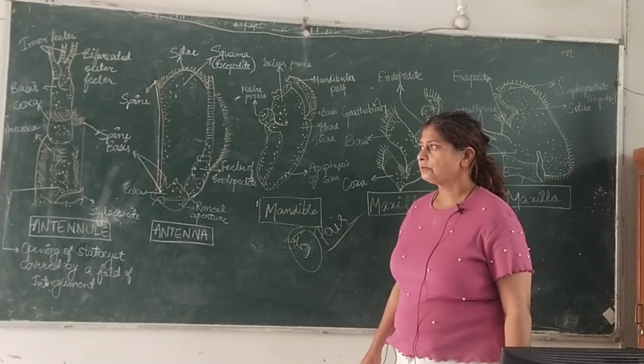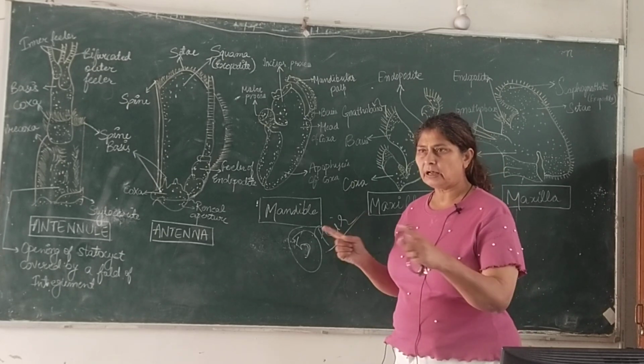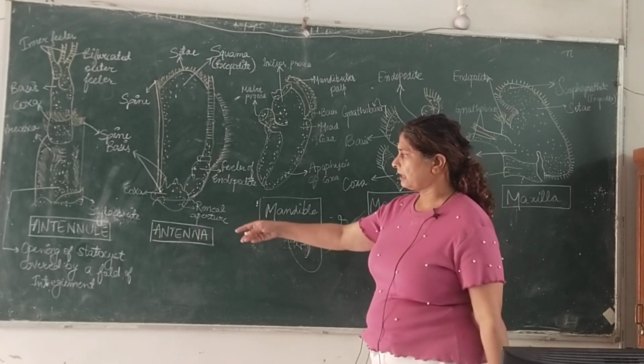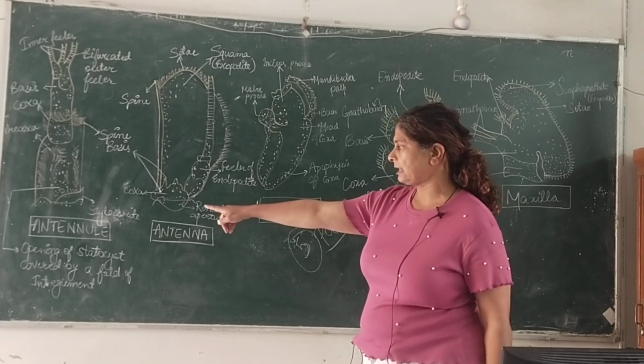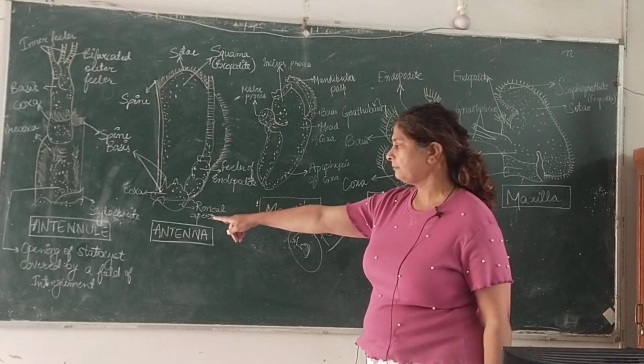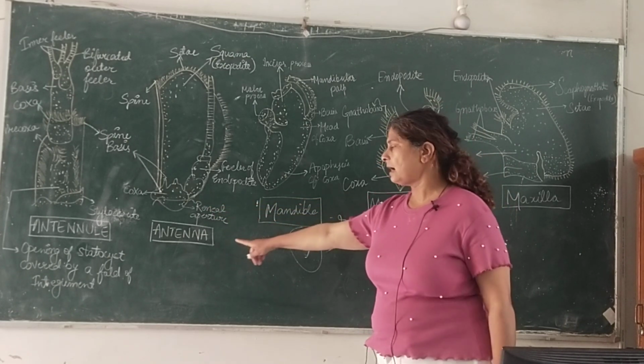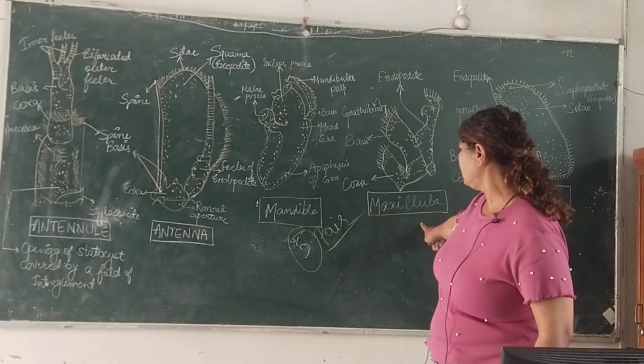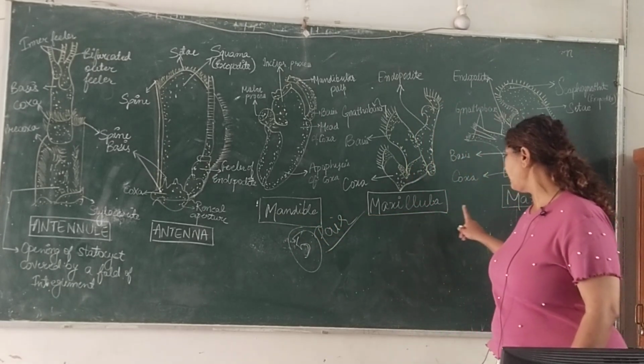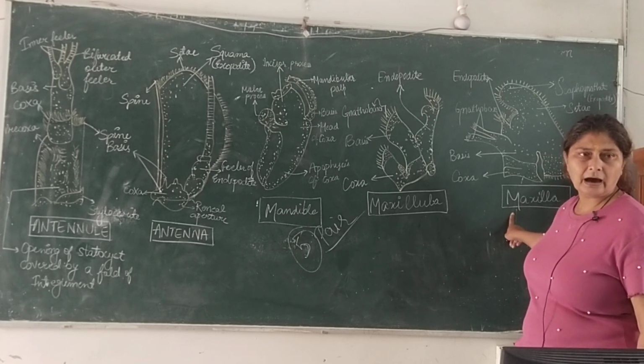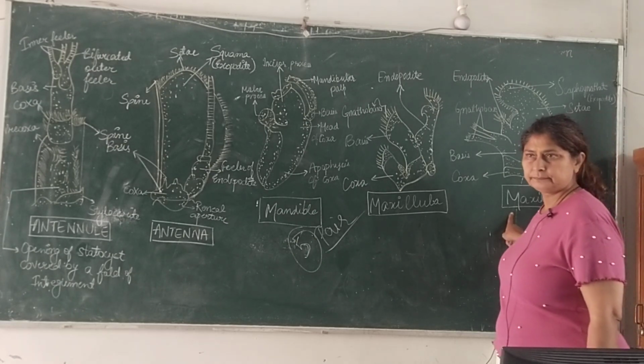5 pairs. Their names are antennule, antenna, mandible, maxillula and maxilla.